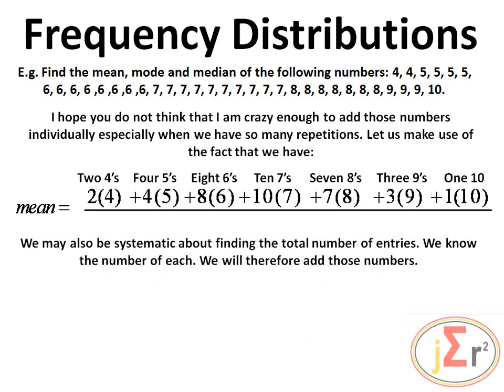We may also be systematic about finding the total number of entries. We know the number of each. We will therefore add those numbers. So instead of saying that we are going to look here and count these, as a matter of fact, it is not going to be impossible for us to do that. But we are just establishing some principles here.